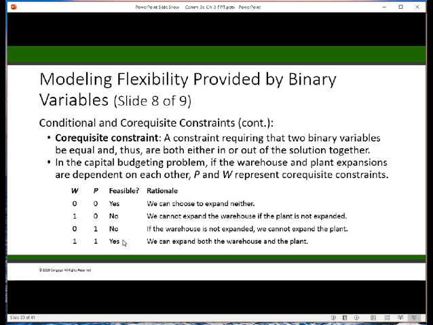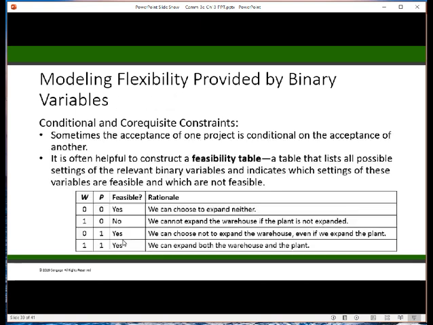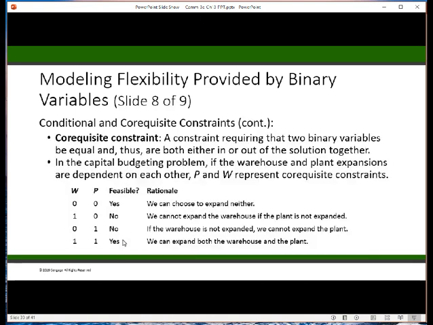We have also the possibility of a co-requisite constraint rather than a conditional constraint that we looked at in the last slide. So this is a conditional, this is a co-requisite. Here we can choose to do neither a plant expansion or a warehouse expansion. We cannot do a warehouse expansion if we don't have a plant expansion.